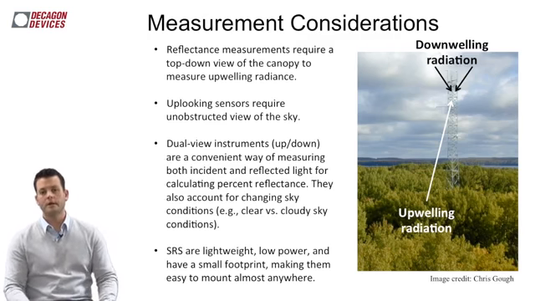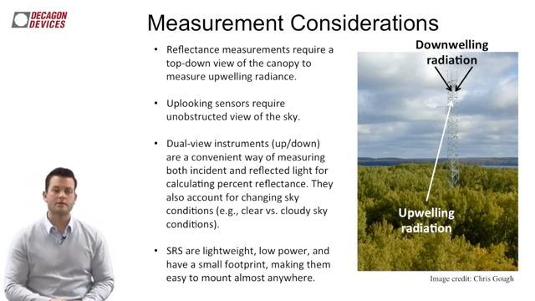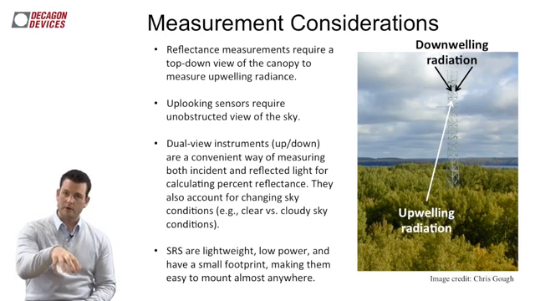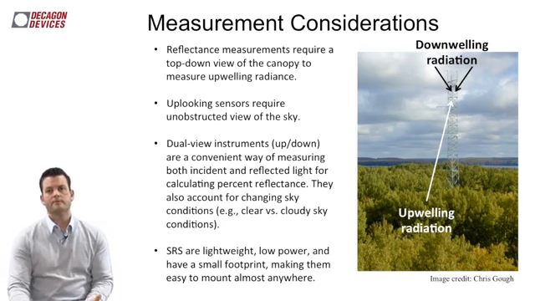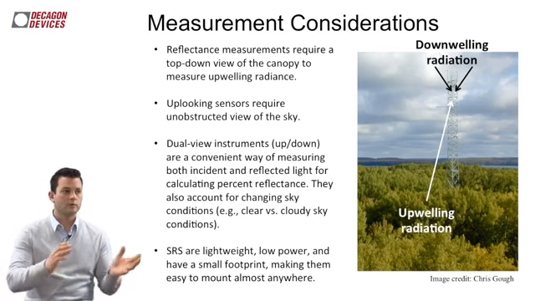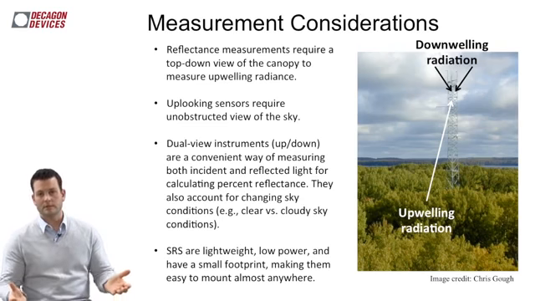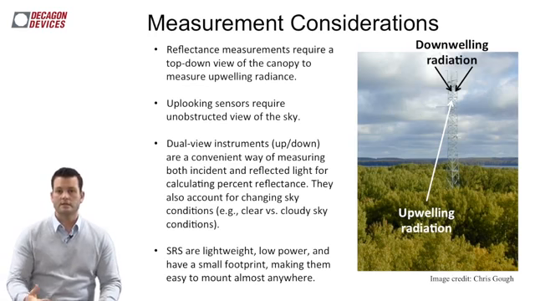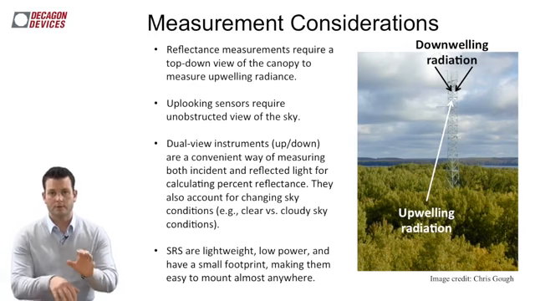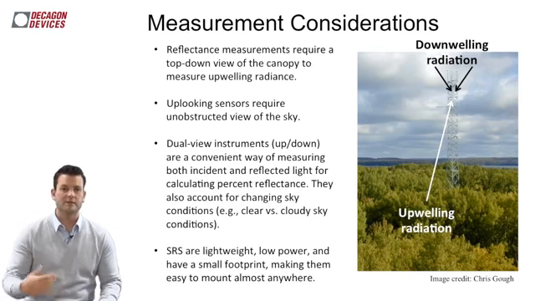And by dual view, I mean one instrument that's looking up and quantifying incident radiation, and another that's looking down and quantifying how much of that radiation is being reflected. Now, the reason the dual view approach is nice is because it really doesn't matter what sky conditions are. You can be measuring in the sunlit conditions and then have clouds roll over, and it's not going to affect the measurement because both sources of radiation are being quantified simultaneously.